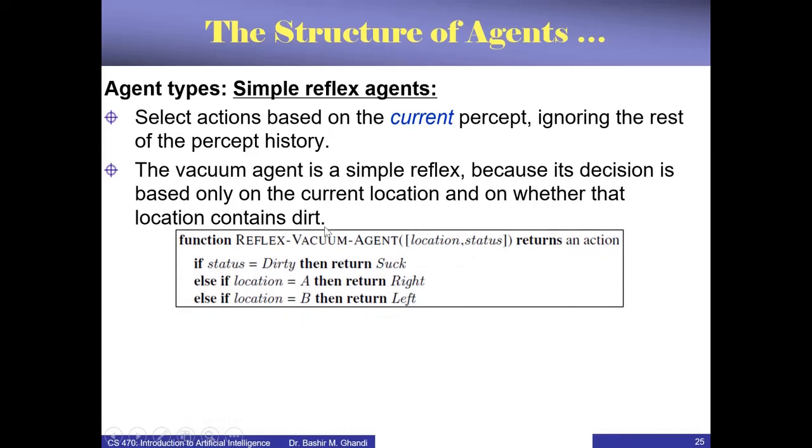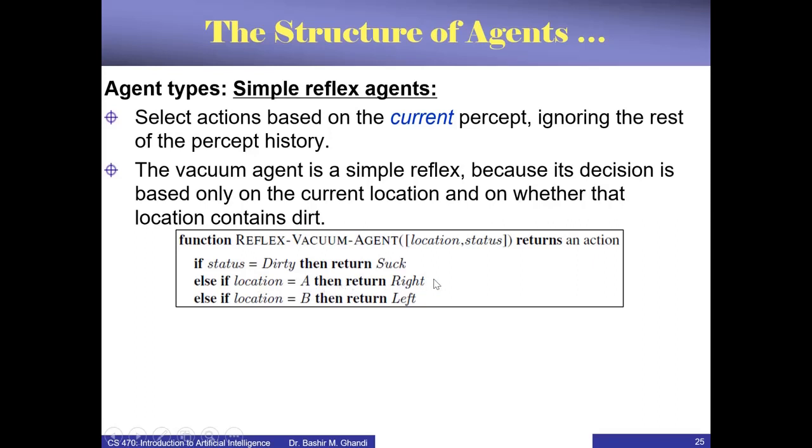In fact, this is the program for that particular agent. As you can see, it will receive its current location and the status of that location, and then it will return an action. So all it does is check, is the status dirty? If yes, suck. Else, is the location A?